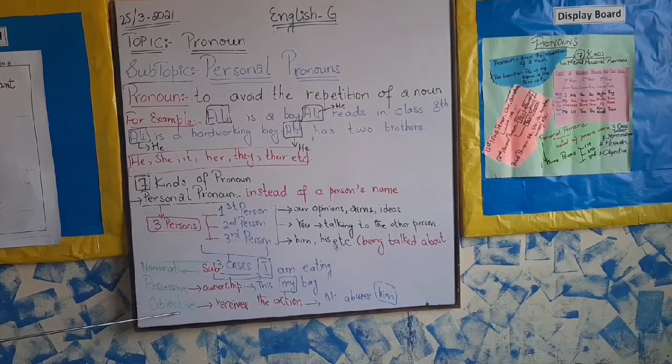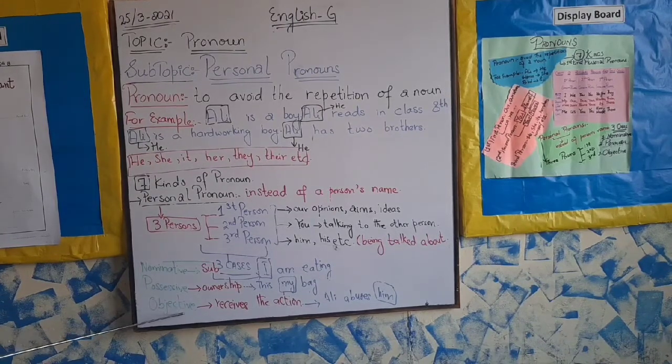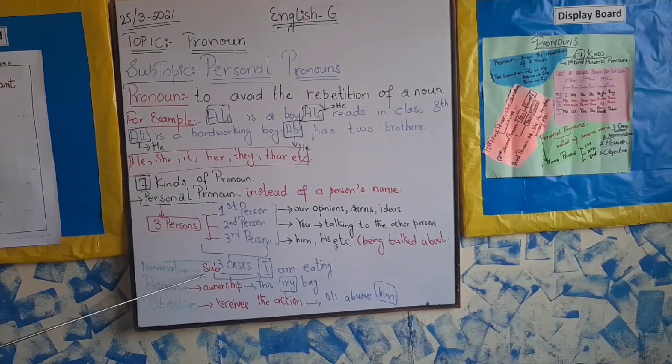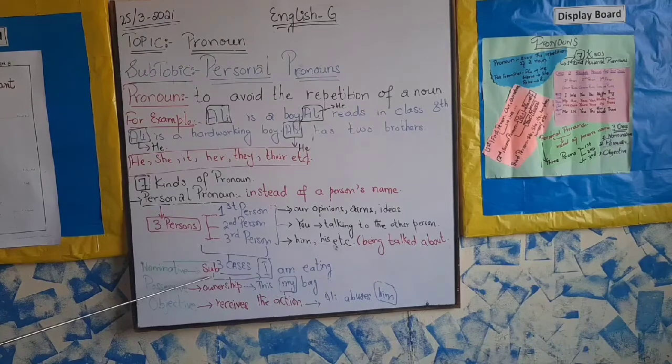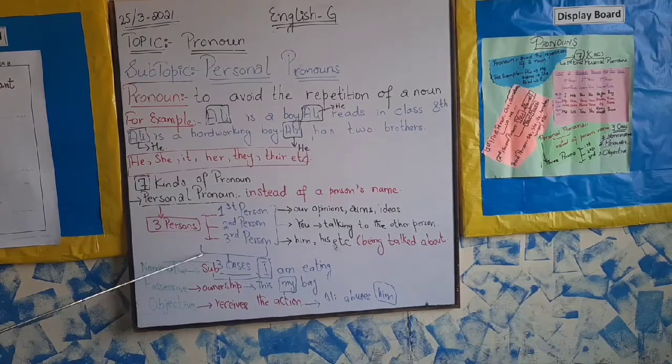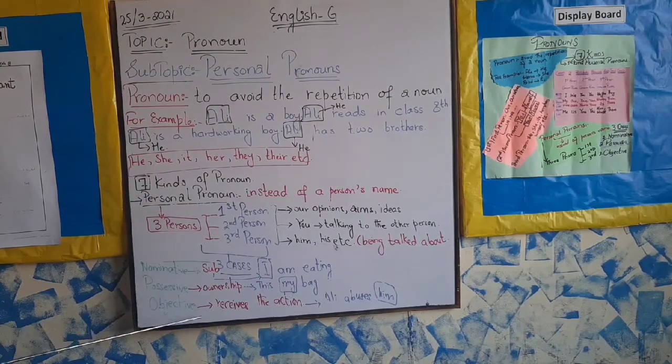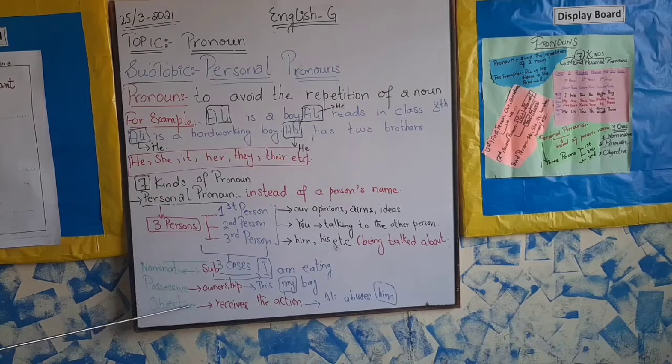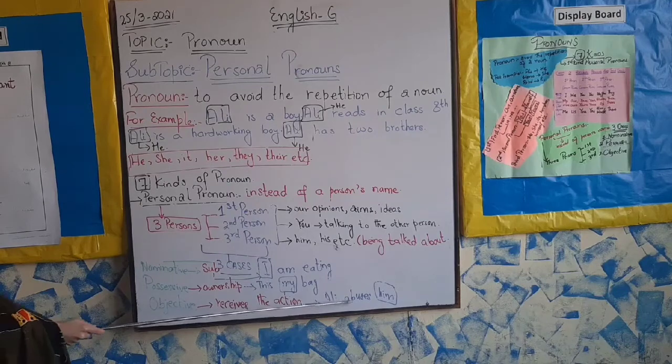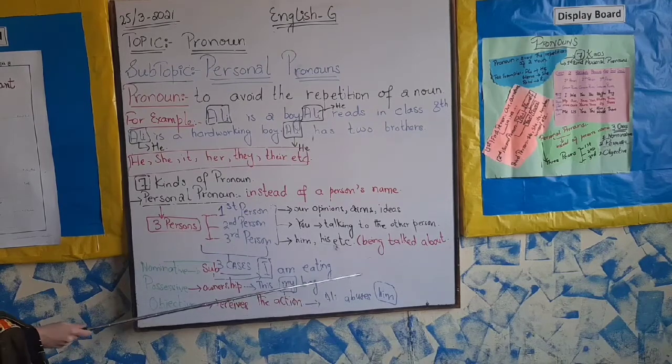And the objective case means that the pronouns perform or act like a subject in a sentence, that perform an action, and that action is received by the object. The action received by the object is known as objective case. As I give you the example, Ali abuses him, or they hated us.